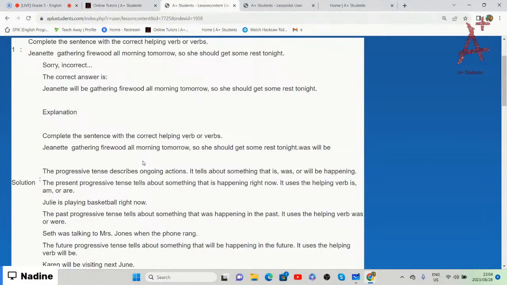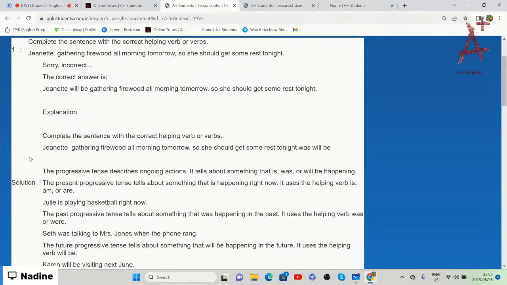So once again, progressive verb tenses describe ongoing action that is taking place, whether it is in the present, in the past, or in the future. So it tells us about something that is, was, or will be happening.